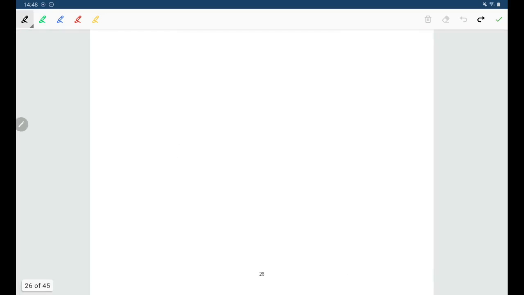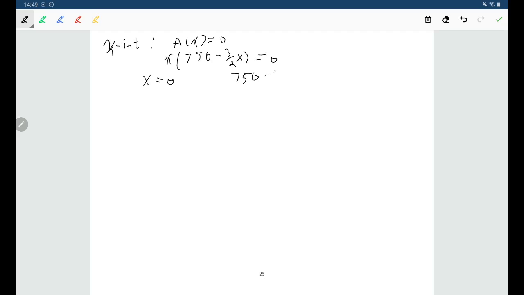So if I start out with finding the x-intercepts, or in other words, letting A of x be equal to 0, that happens when we have x times 750 minus 3/2 x equal to 0. And that gives us two solutions, one of them being that x is 0, and the other being from 750 minus 3/2 x equal to 0. And when we solve that, we get x being 500.